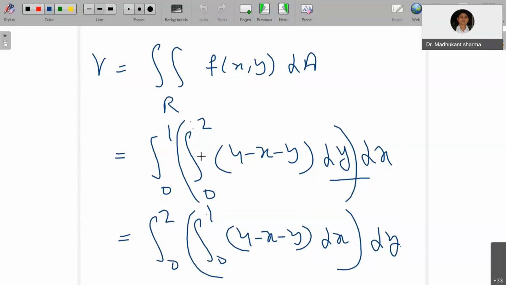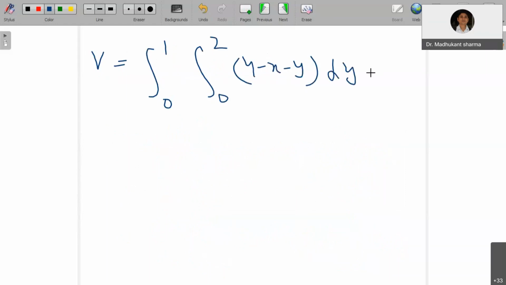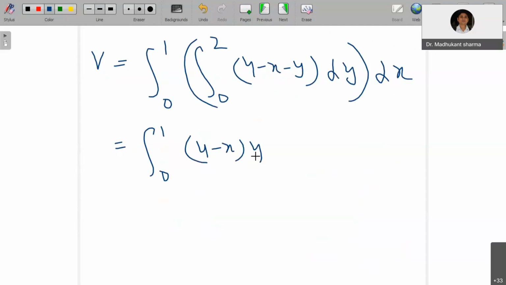So, the final value: volume equals integration 0 to 1, 0 to 2, of 4 minus x minus y dy dx. That equals integration 0 to 1 of (4 minus x) times y minus y squared by 2, from 0 to 2, dx.